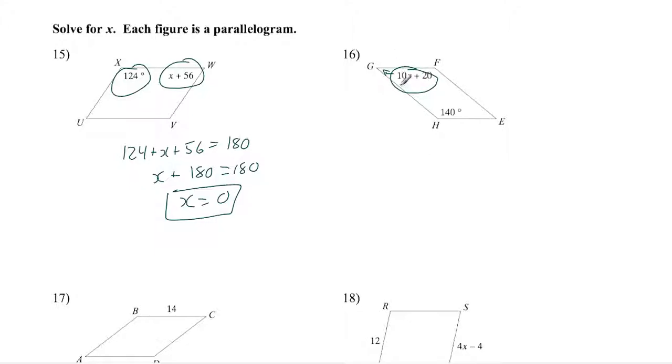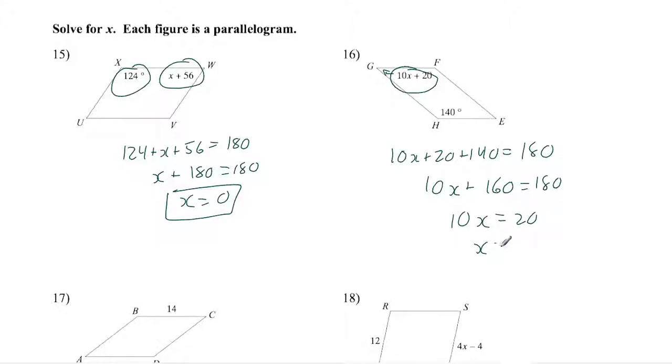I will make sure that on your final exam there are no ambiguous questions like this. 10x plus 20 plus 140. Again, that's going to give me 180 degrees. So we get that 10x plus 160 is 180 degrees. So 10x is equal to 20. So x is equal to 2. Simple enough.